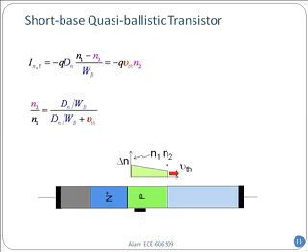Again, I will do the same game, see, N2 over N1, I have the same ratio just like before, 5 minutes before. And correspondingly, if the transport is ballistic, then I will have the same ratio, just like in the polysilicon I had it.